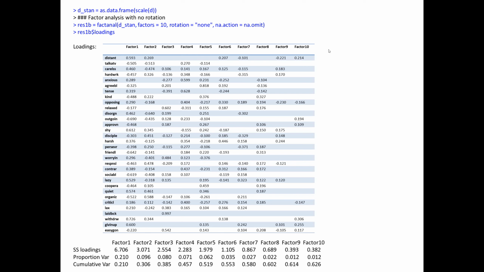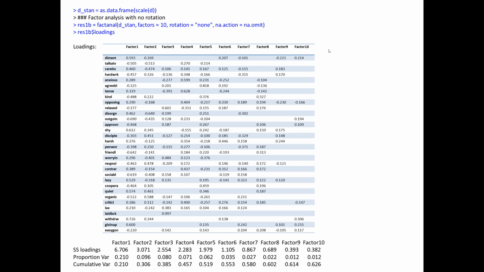If you look at the bottom of this slide, at the sums of squared loadings, SS loadings, these are the eigenvalues. That is, these represent the variance in all the variables which is accounted for by that factor.